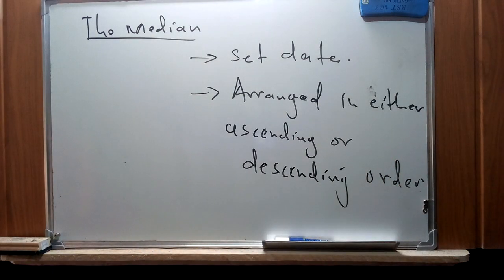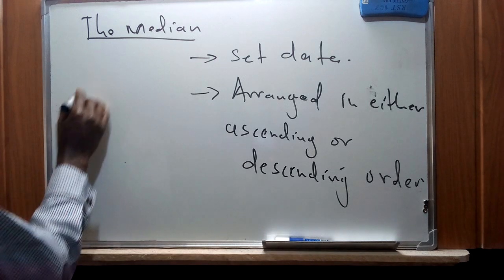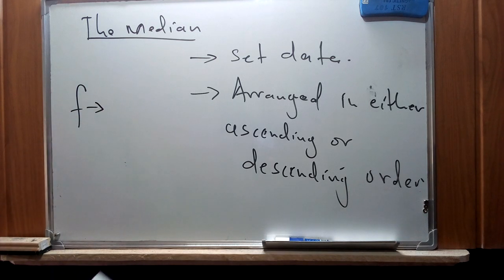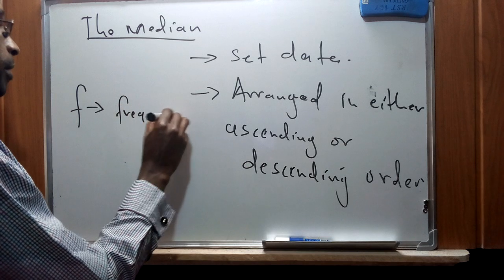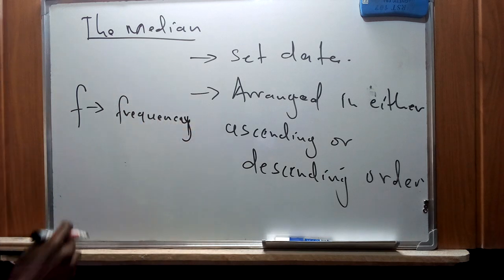So this in essence means that the data has been grouped, and that is where we're going to obtain the median from. Now there's a formula that I'm going to write on the board, and that is the formula that we're going to use in representing the median. Now we have talked about some of the specific symbols like f that we gave when we were talking about the mean, and this refers to the frequency of a certain set of data.